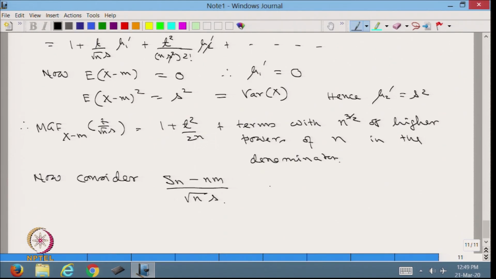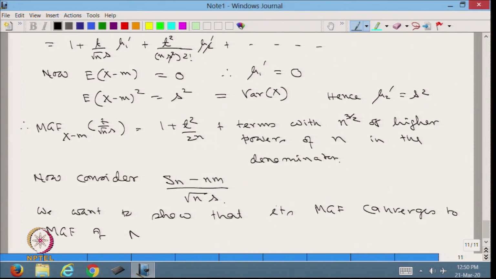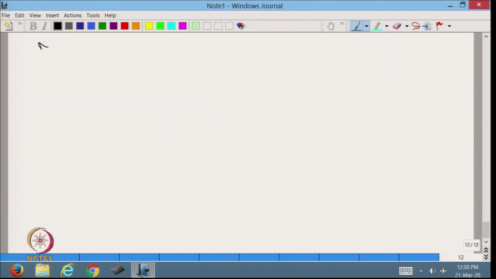We want to show that its MGF converges to the MGF of normal 0 1.